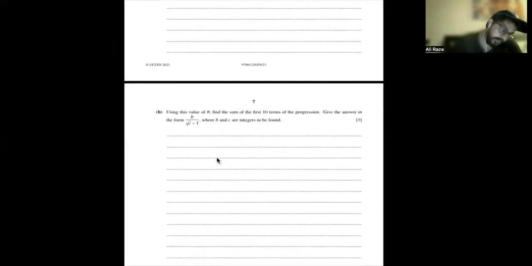Now, using this value of theta, we need to find the sum of the first 10 terms of the progression, giving the answer in the form b over root c minus 1. The sum formula is a times 1 minus r to the power n divided by 1 minus r.